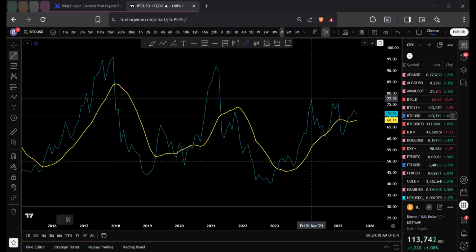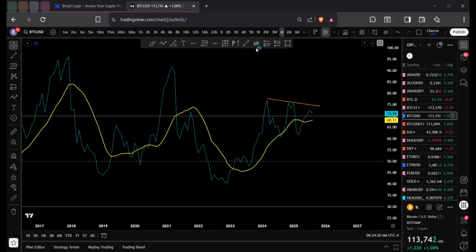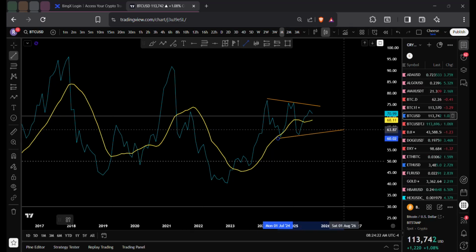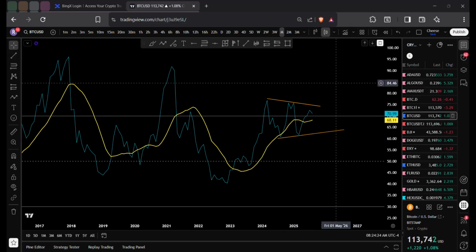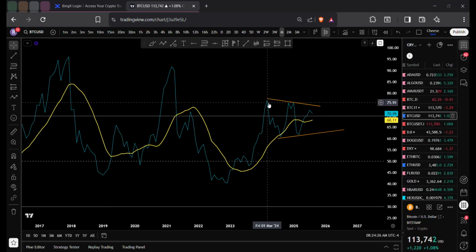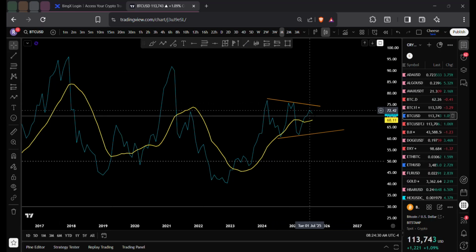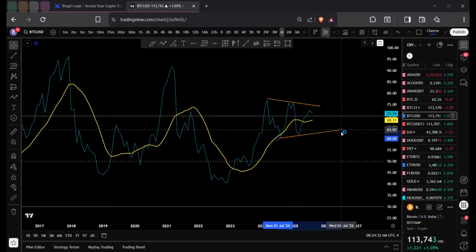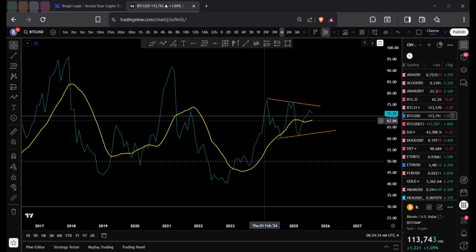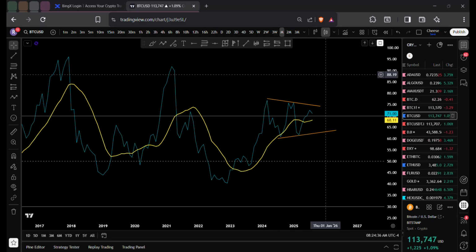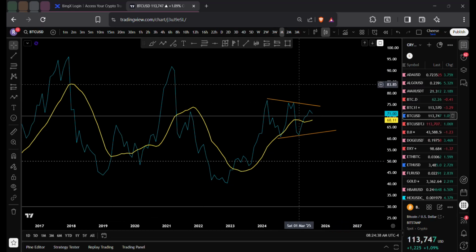We're symmetrical. Symmetrical means neutral. Ascending means bullish, descending means bearish. Because you're making a higher low, but a lower high, it's indecisive. You understand? This will eventually break up to the upside or break down to the downside.